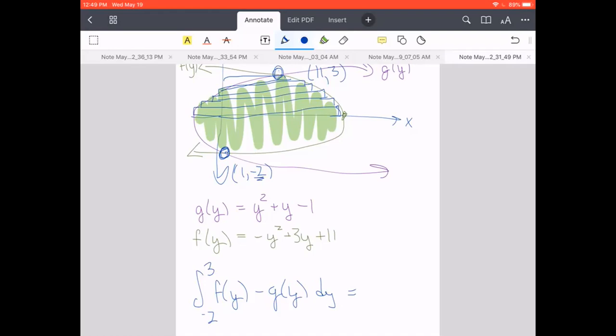Just make sure you use parentheses for it. y squared plus y minus 1 from -2 to 3. Wolfram Alpha tells me that the integral is 41.667.